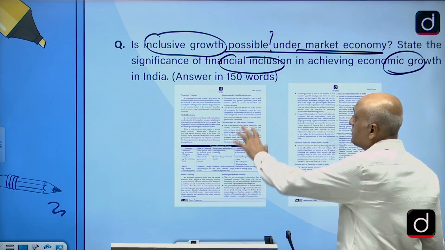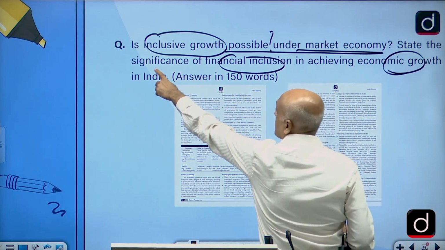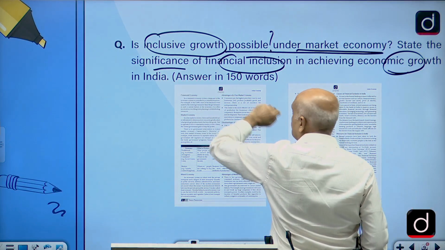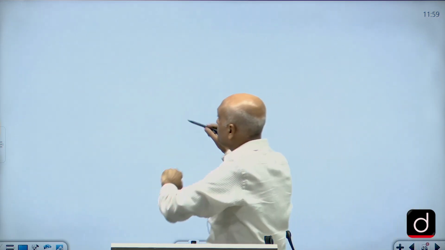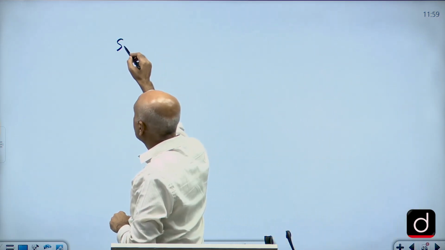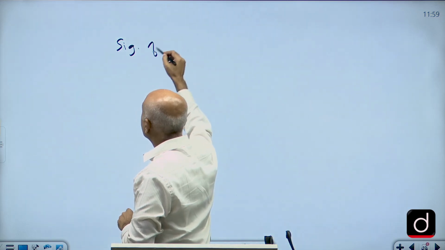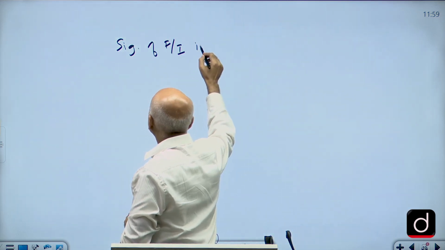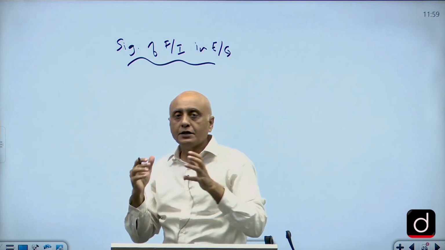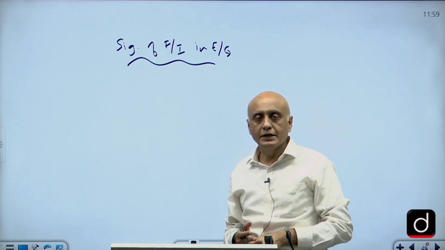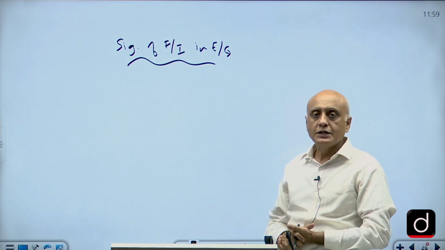Again, you have to mark these points. The key word is significance. And significance of what? So in the second part of the question, you have to write significance of financial inclusion in economic growth. If you give a title to your paragraphs, then they carry extra attention.